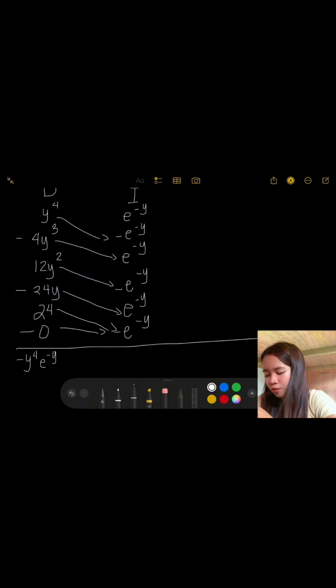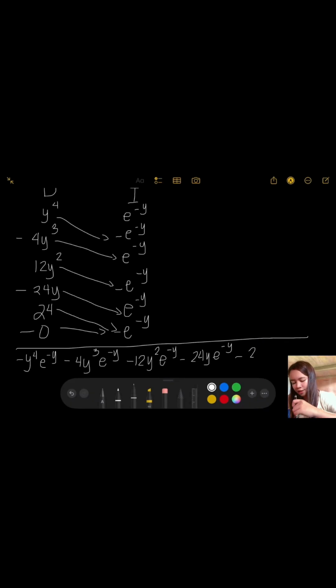Negative 4y cubed multiplied by positive e raised to negative y is negative 4y cubed e raised to negative y. 12y squared multiplied by negative e raised to negative y is negative 12y squared e raised to negative y. Negative 24y e raised to negative y. Positive 24 multiplied by negative e raised to negative y is negative 24 e raised to negative y.